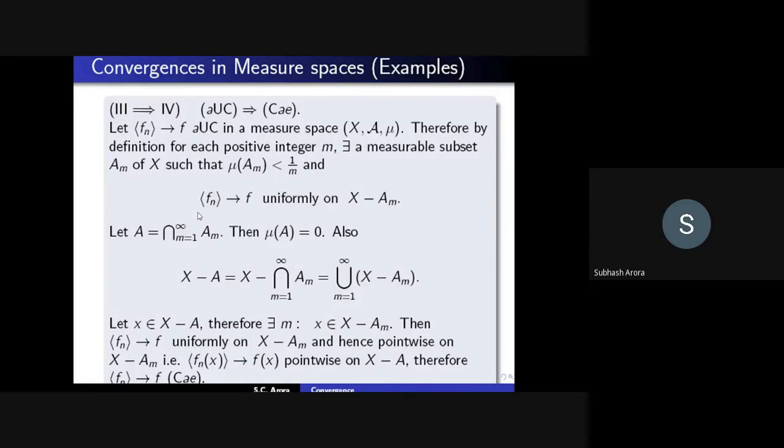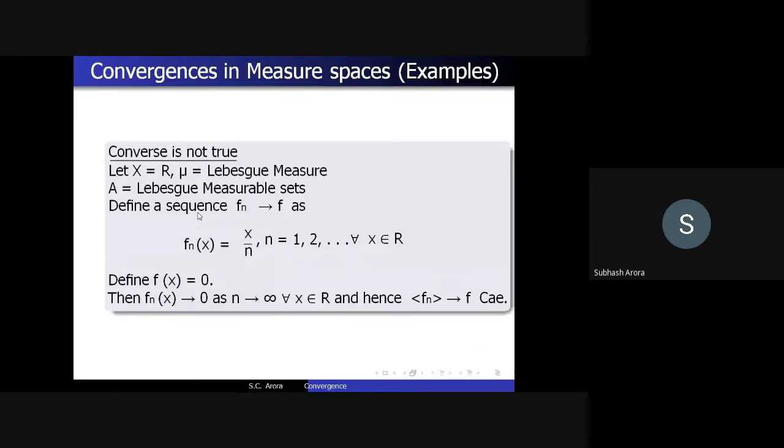Obviously, when x belongs to X minus A, it is in the union of X minus Am, so there exists such an m. Then fn converges uniformly on X minus Am, and hence pointwise on X minus Am. That is, fn(x) converges to f(x) pointwise on X minus A. Therefore, fn converges to f almost everywhere.